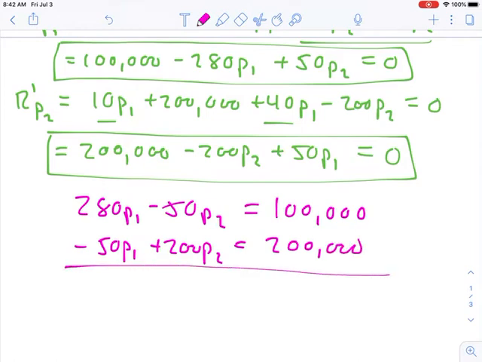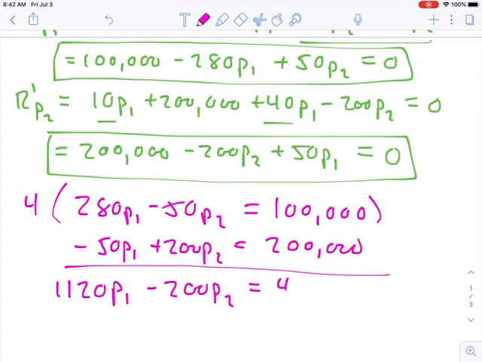And now to solve this, it looks like the easiest thing to do is to multiply the first equation through by 4, which will give us 1120 P1 minus 200 P2 equals 400,000. Don't have to do anything to the second equation. But now you can see the P2s will cancel out by elimination.